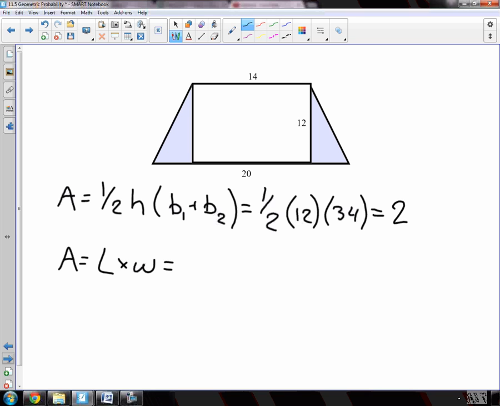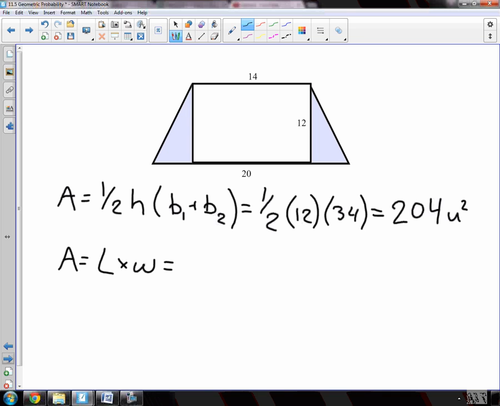What were the dimensions we used to find the rectangle? What dimensions did you use for the white rectangle, what did you use to find the area for that one? What two numbers? 14 times 12. Why would we not use 20 in this case? Very good.